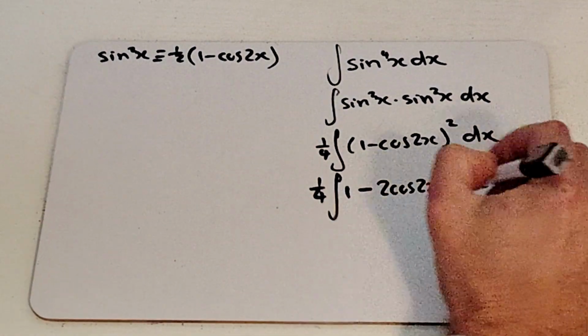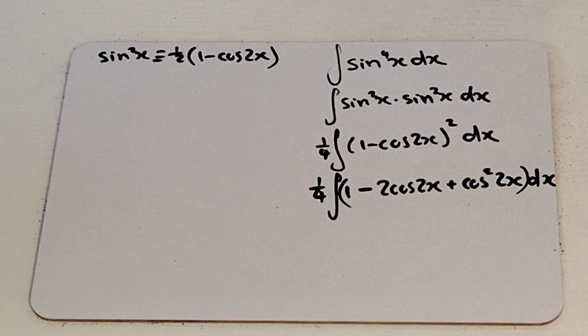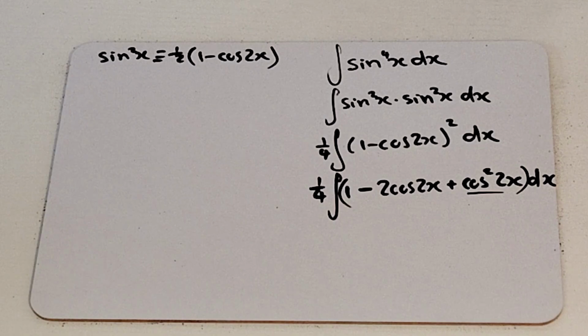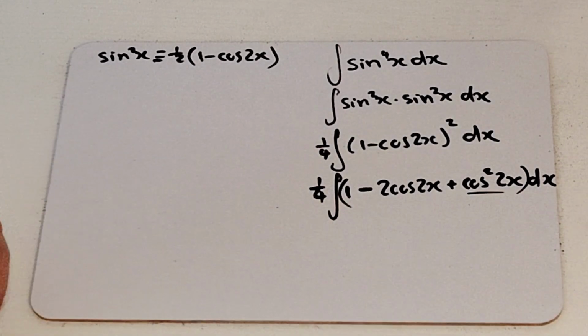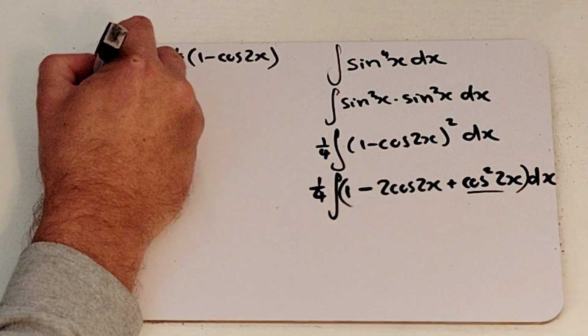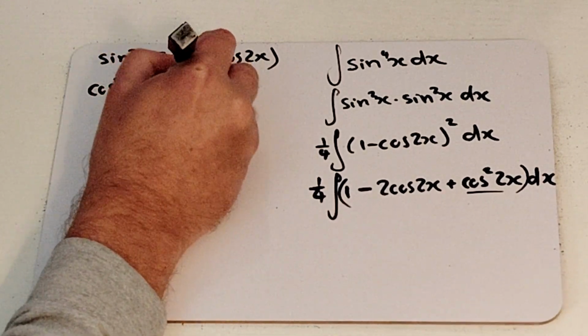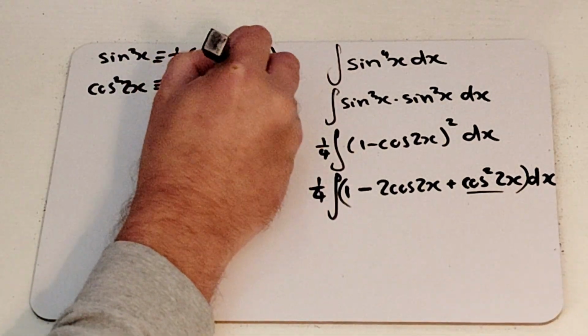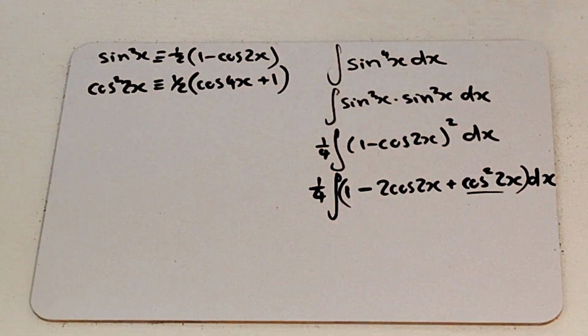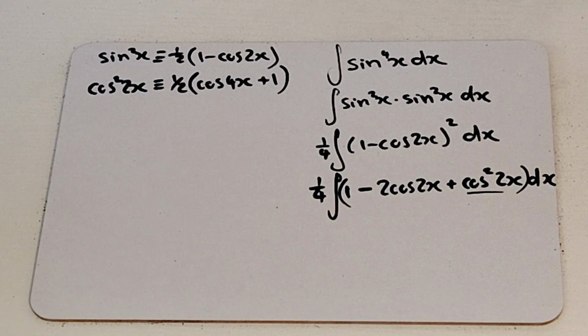So what I've now achieved is I've got two terms which can be integrated, and I've also got another term which is a little bit more problematic, but we can once again use another one of the double angle identities, and say that cos squared 2x is equivalent to a half brackets cos 4x plus 1.